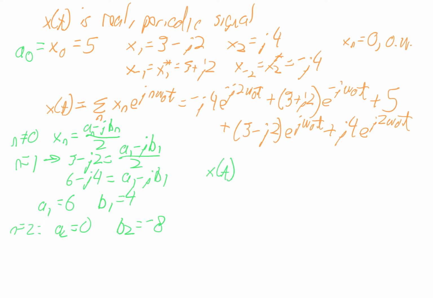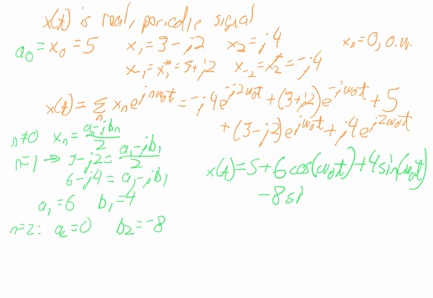So x of t is also equal to a0, which is equal to x0, which is 5, plus a1, so 6, and a1 goes with a cosine, so it's cosine n omega naught, so it's going to be 1 omega naught, so just omega naught t, and our b1 is 4, so plus 4 sine, same frequency, and then we have b2, so minus 8 sine, and n is 2, so 2 omega naught t.